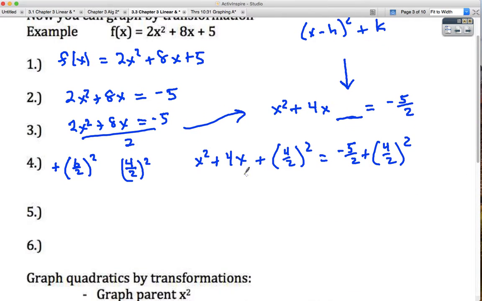Now what actually happens is, because this is a perfect square, it's a binomial square. What it turns into is x plus whatever b over 2 was, and this is squared. So this whole piece turns into this. Now notice this b over 2 is inside the parentheses, and this square does not follow it. So we just take this b over 2 value right here.